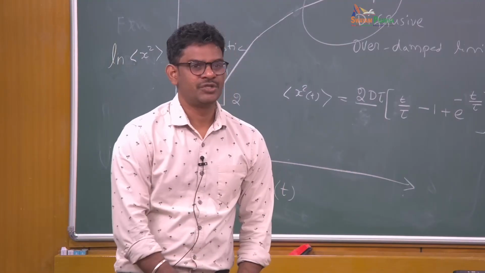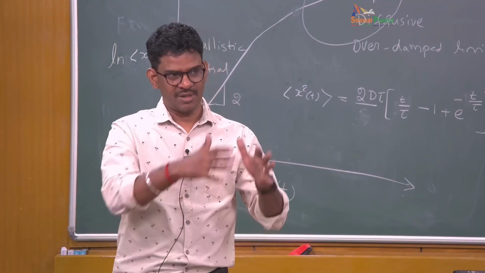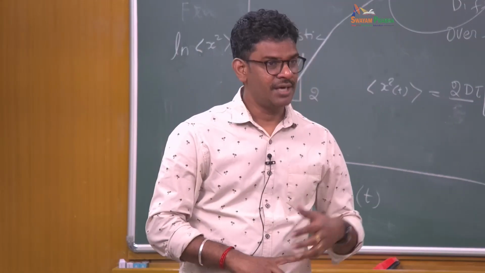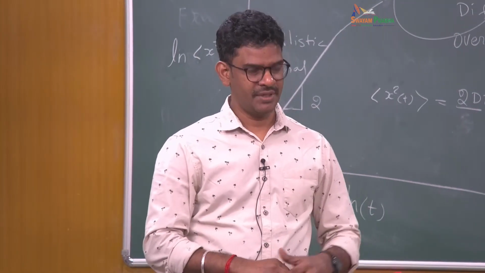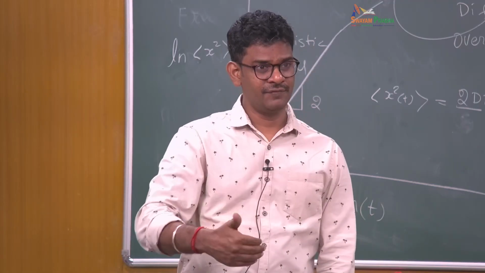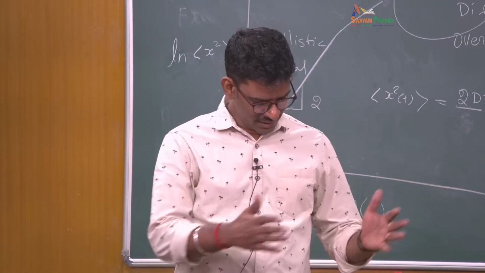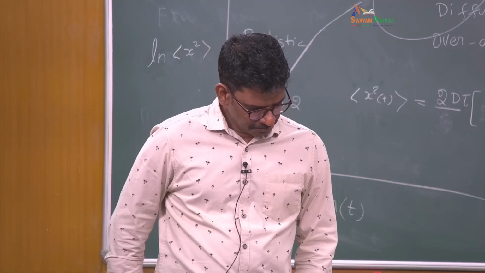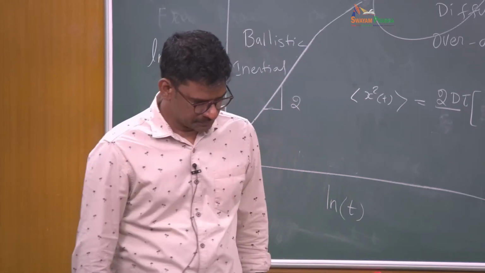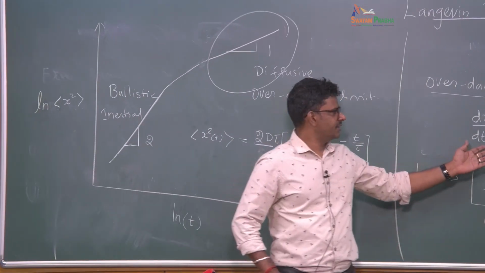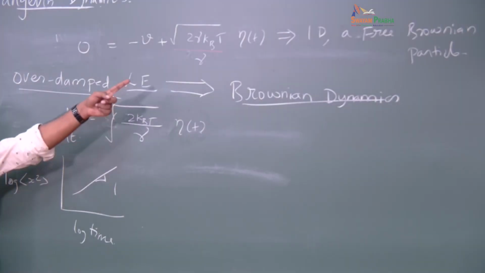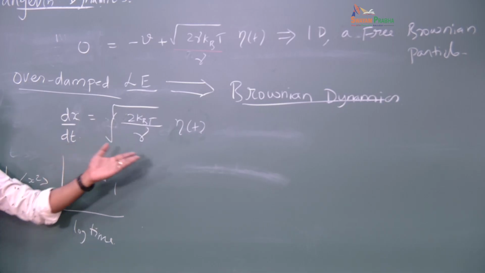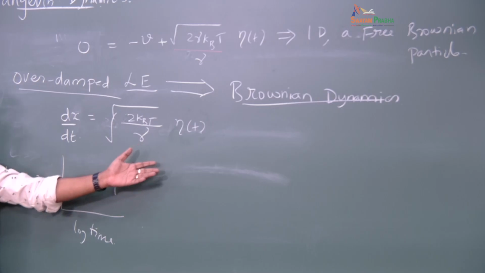So in the notes I am going to share, I have given a tabular form summarizing all the results: one-dimensional random walk, Langevin dynamics, underdamped and overdamped Langevin dynamics, Chandrasekhar's full derivation of the problem, and then the key results and plots. That's something for you to go through. I did not mention it here, but you can appreciate that even though we wrote this for a one-dimensional free particle, if you want to do it for n particles, you can apply this equation for all the particles.